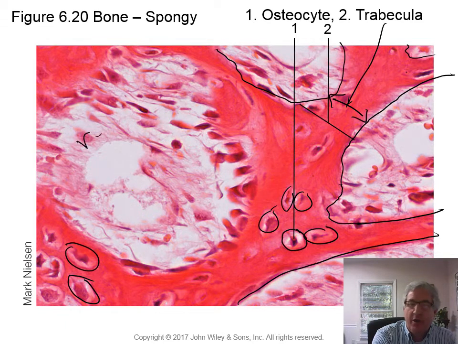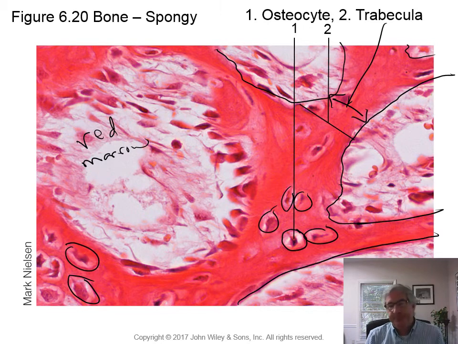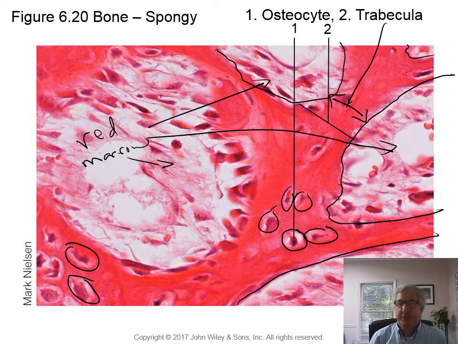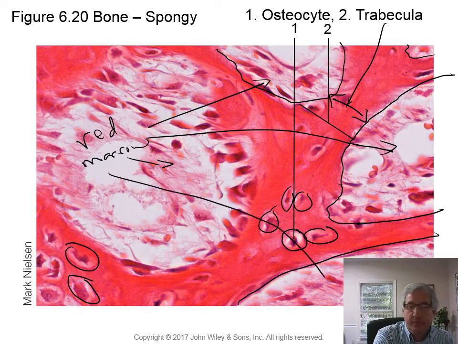Well, this is all red marrow going through here, right? And the same here, as well as here, as well as over here. Okay? So there you go, as well as down here. All right. So that shows you what the trabeculae is and the red marrow is.